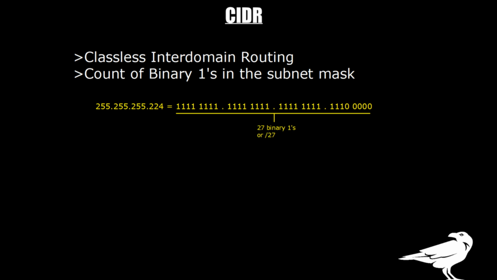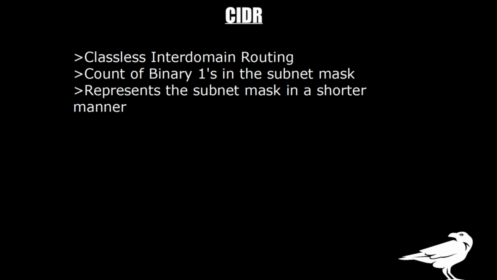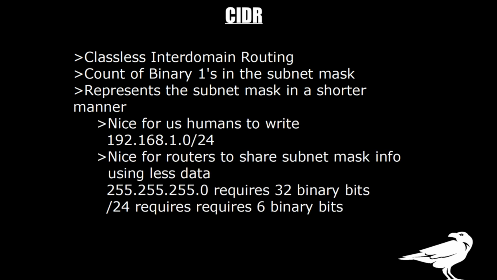So it's doing us a favor by representing the subnet mask in a shorter manner. It's a nice shorthand, especially when you get used to thinking and working in binary. Now, for us, that's lovely, but it's also useful for the routers. The reason being, some of the routing protocols we have, like OSPF and RIP version 2 and a whole bunch of other ones, allow us to share both the network address and the corresponding subnet mask for that network address.